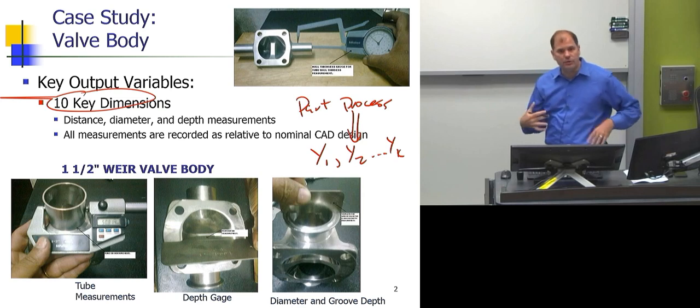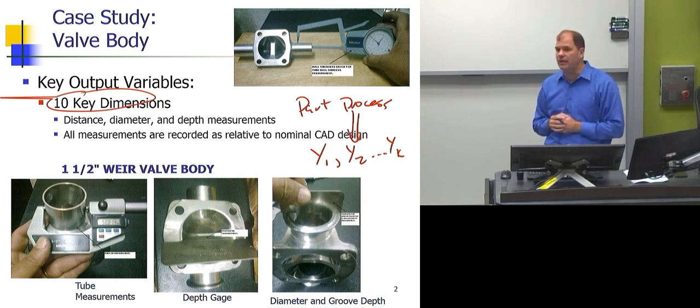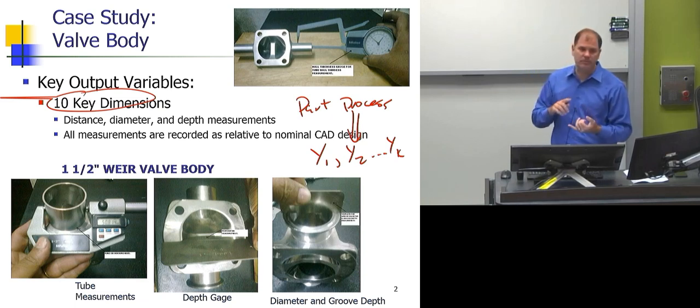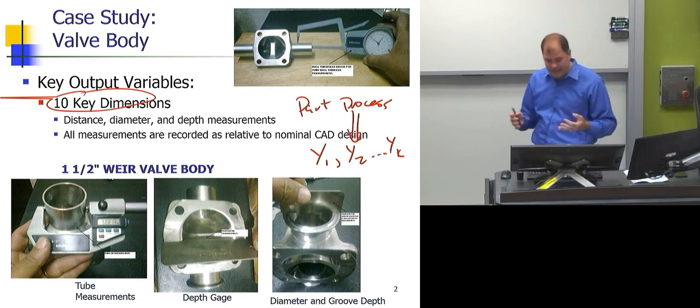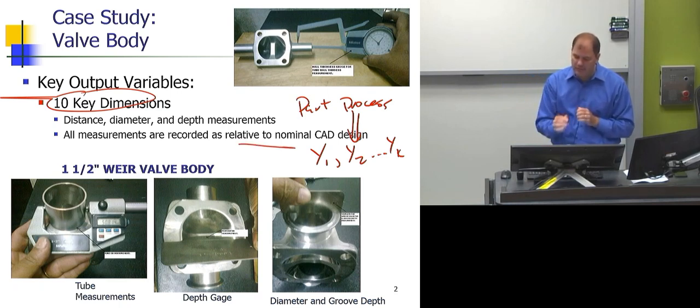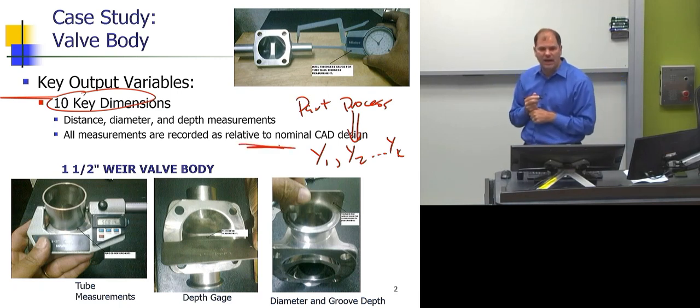What you want to be able to do is quickly summarize the performance of all 10 of these and help you diagnose what it is you're trying to do. In this particular example, we're measuring a part in terms of its distance and diameter and depth. And we're going to measure everything relative to a nominal design.